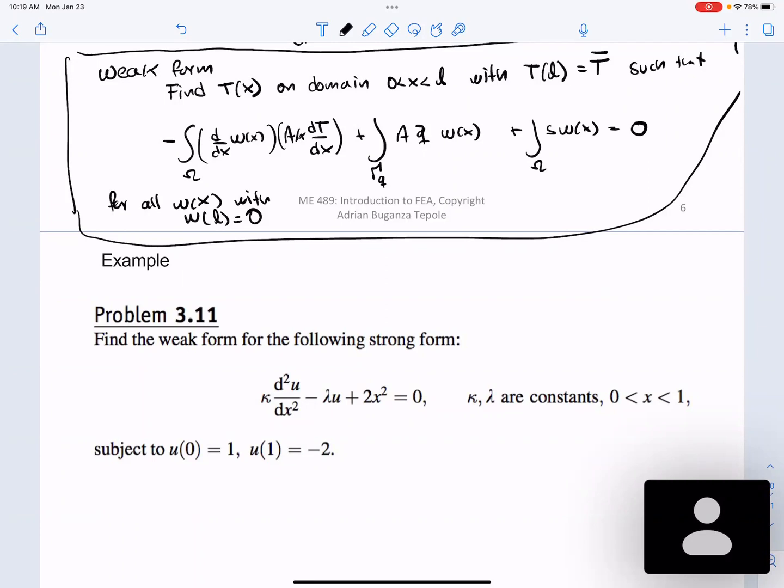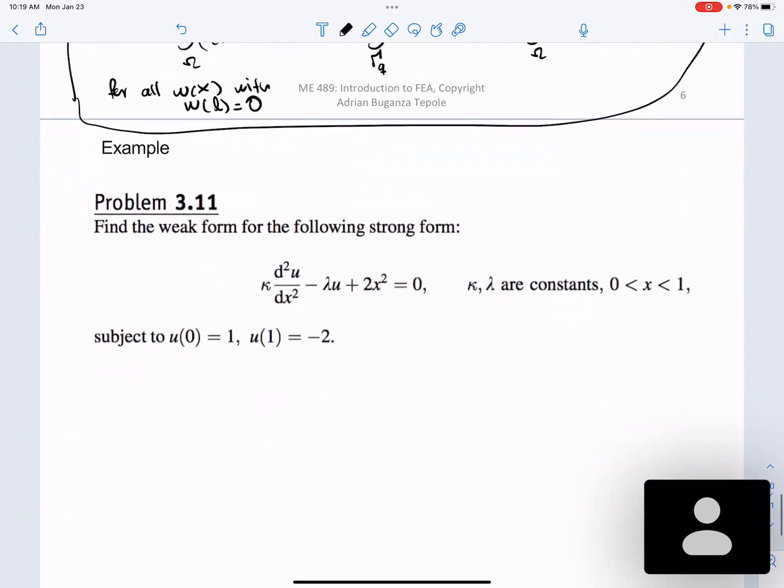One minute left, so I need to write out the answer. If you didn't get to the answer, I would say do the process and see if you get to the same answer.